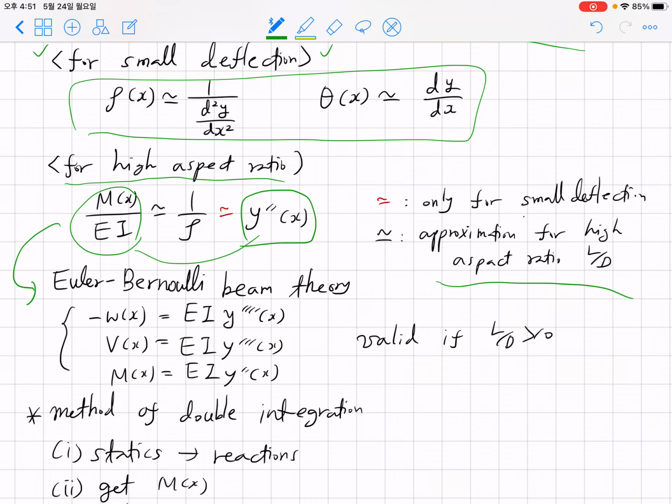Depending on w, V and M, because they are connected through the derivative relationship, we can write down exactly the same equation in different ways. Please note that these equations are valid if L over D is larger than 10. For the special case where L over D is smaller than 10, we're going to visit this problem in the energy method chapter, after this beam deflection chapter.